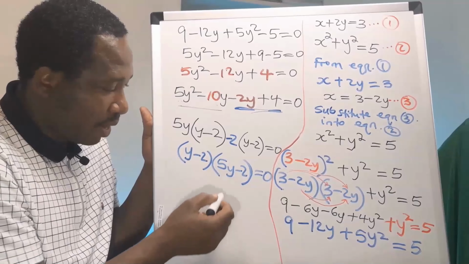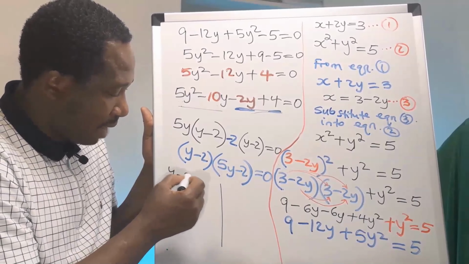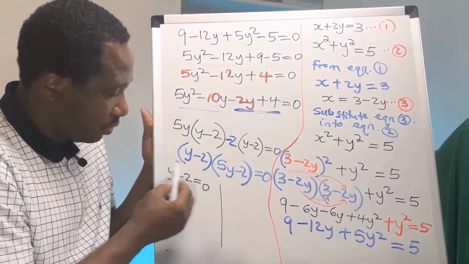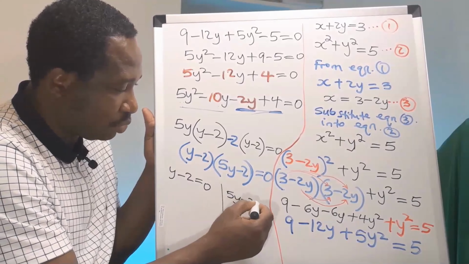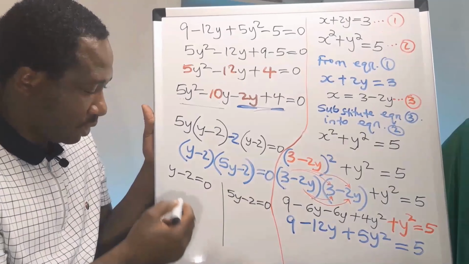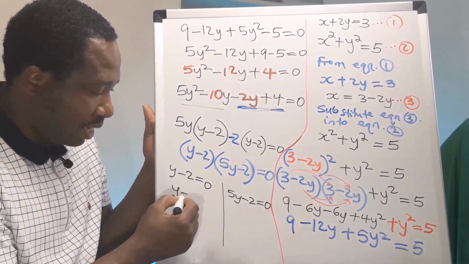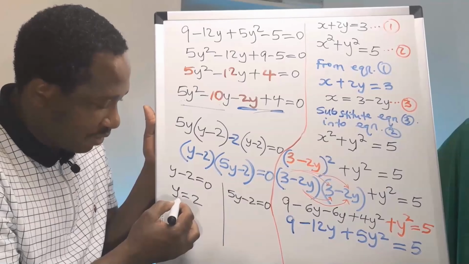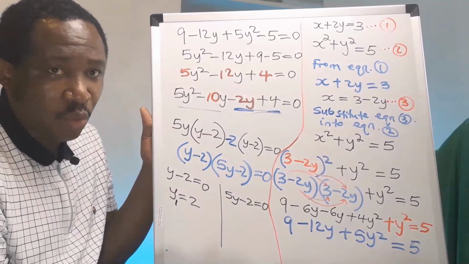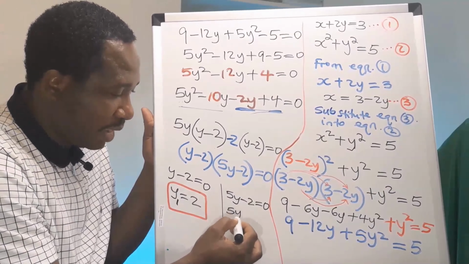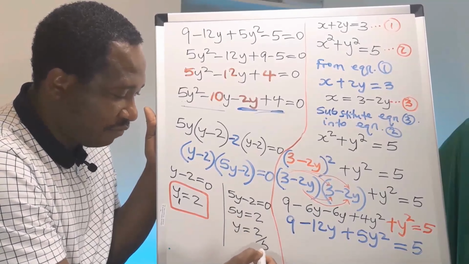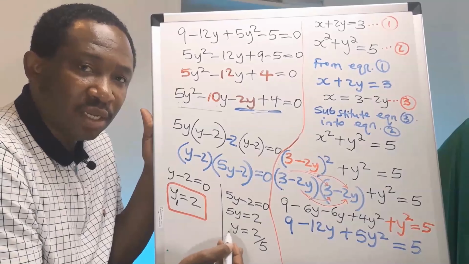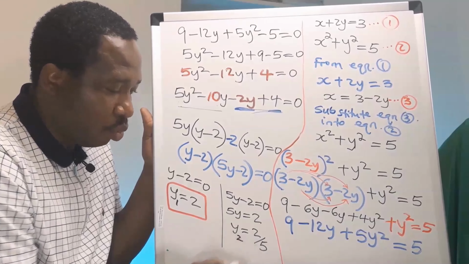Next, I will have y minus 2 is 0 for this, and I will have 5y minus 2 is 0. Here, y is 2. I've gotten the first y, which is y1. Next, 5y is 2, and y is 2 over 5. I've gotten the next y, which is y2.